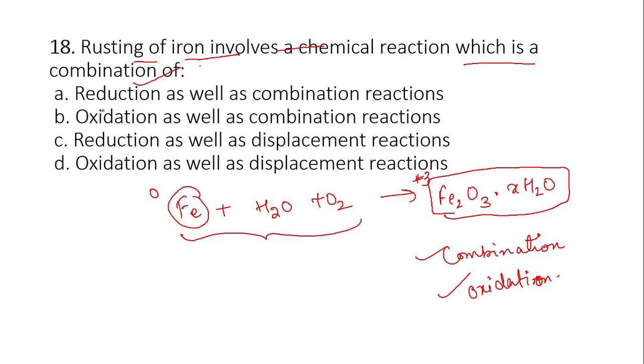The first one is reduction, wrong. The second one is oxidation and combination, so it is correct. We should also see whether reduction and displacement. See, there is no displacement, so these are wrong. So the correct option to the given question is option B. I hope this is also very clear to you.